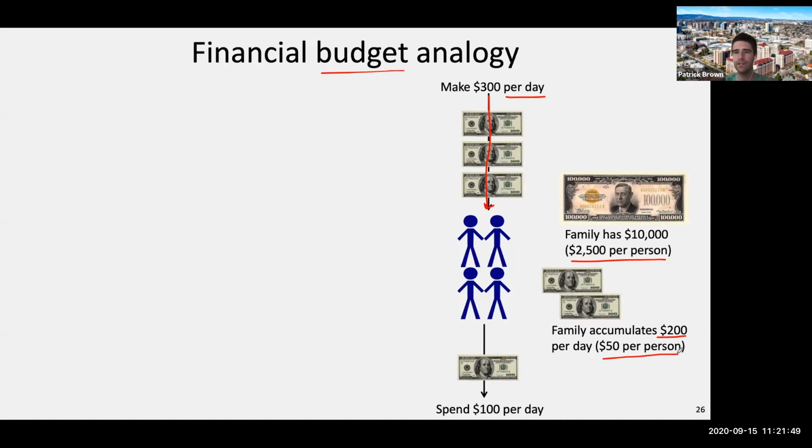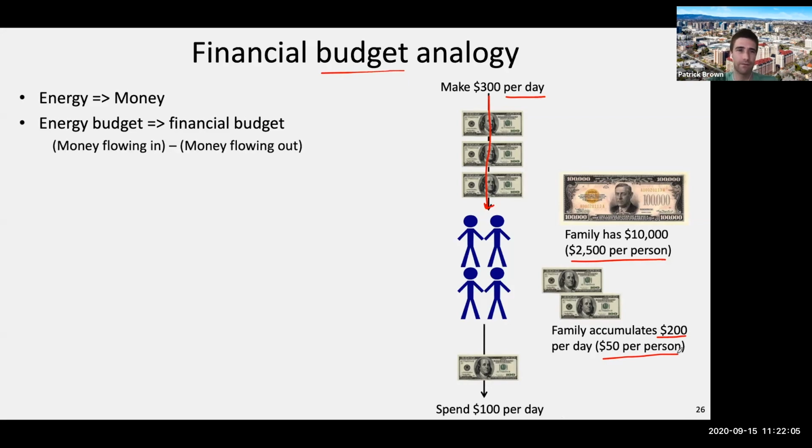And so all these numbers here are exactly the same as what we were talking about with the energy budget, just different things. So the energy in the energy budget is like the money, and the energy budget is the financial budget. So we have the money flowing in minus the money flowing out is what we call our budget. And then what would temperature be?